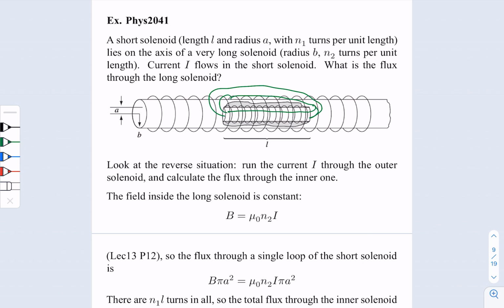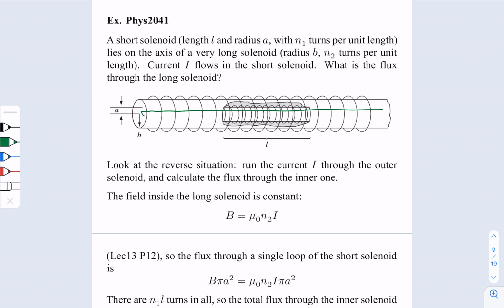But M12 is exactly the same as M21, which means that though it's hard to calculate the flux produced by the current of the small solenoid, we can invert the problem and put some imaginary current into the long solenoid, and then this long solenoid produces a very nice magnetic field inside the tube.